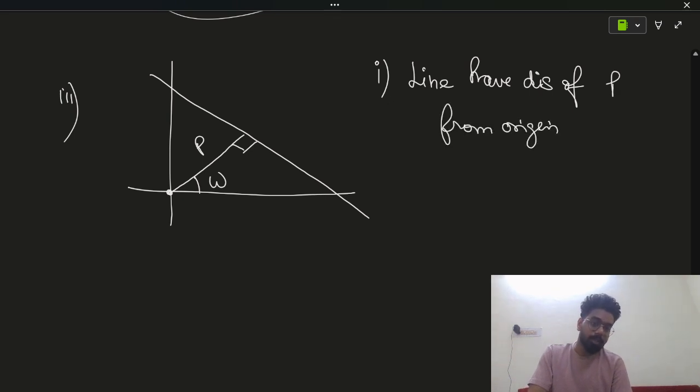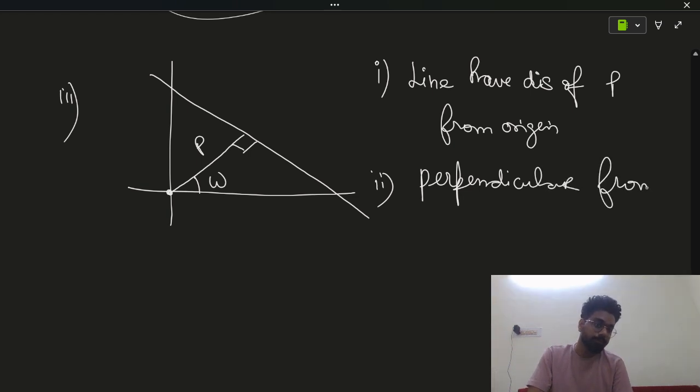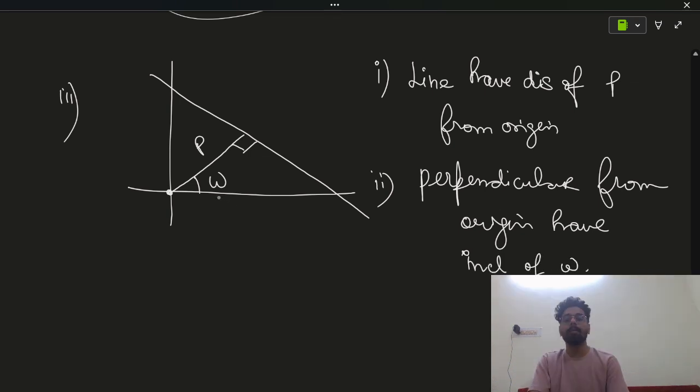This is one piece of information they will give, and second they will say that the perpendicular from the origin makes or has an inclination of w, meaning this is the angle w.